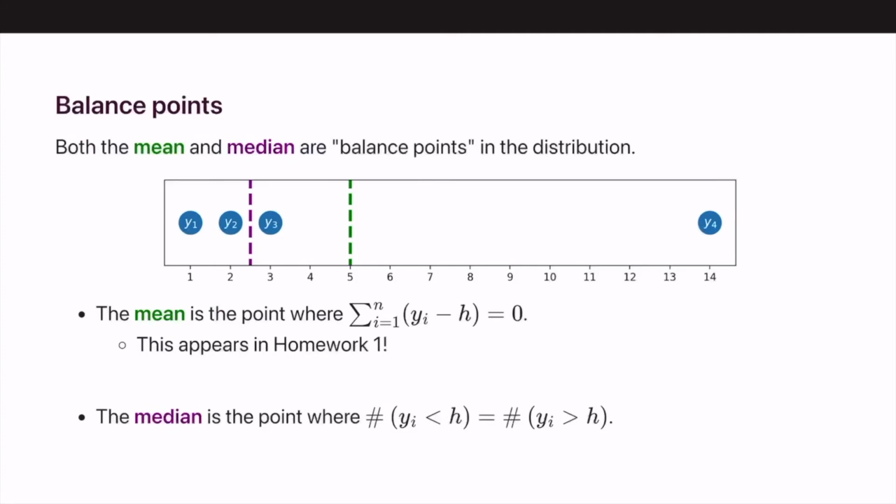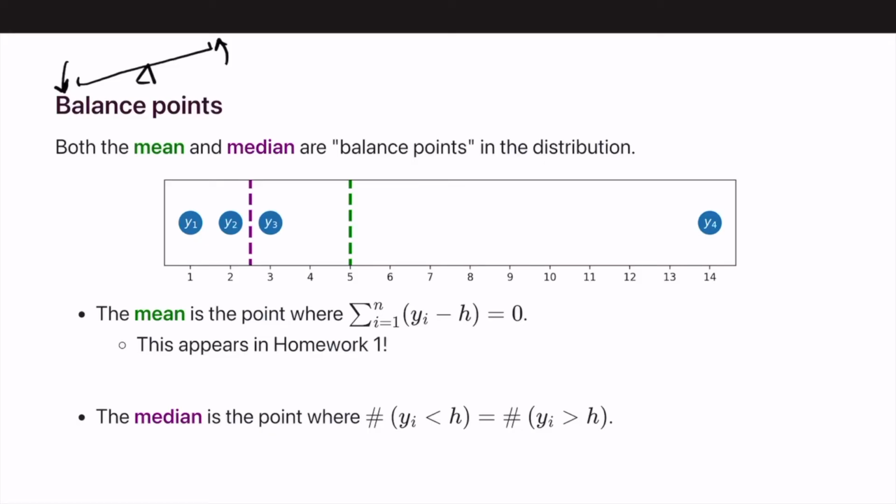Okay, so one really good way to think about mean and median is that they act kind of like balance points. Maybe like a seesaw, and you have kids that are playing on the seesaw, and it can go up or down.